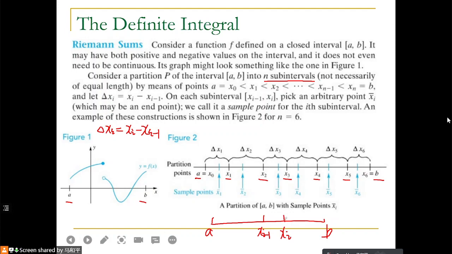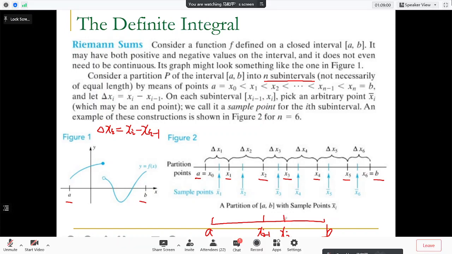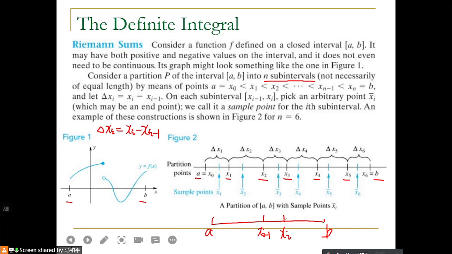On this subinterval, we can pick an arbitrary point x_i bar, which may be an endpoint, left endpoint or right endpoint. We call it a sample point for this subinterval.